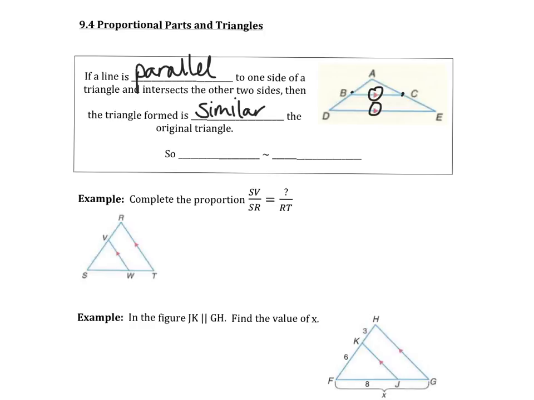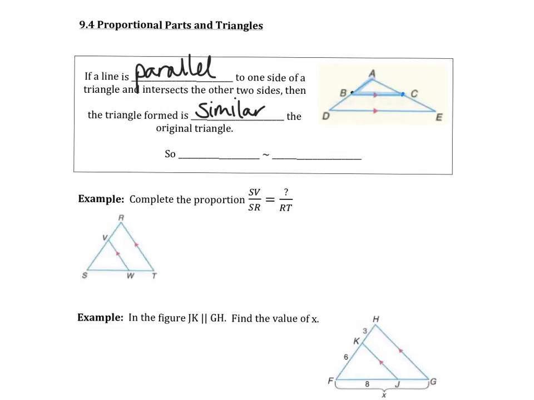I'll go ahead and highlight the triangle. So we've got this small triangle, triangle ABC, and it would be similar to triangle ADE. So I can put my sentences here, the triangles, the ones that I just did, and I'll highlight them again.